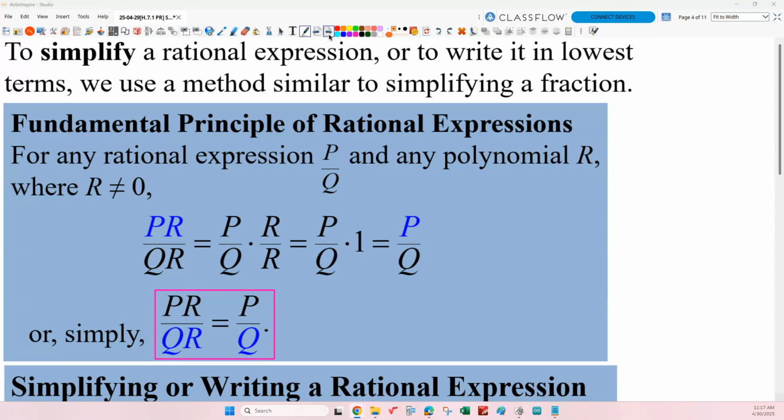So if I had 2 times 4 on the top and 2 times 3, what would cancel? The 2's. So in this case, if we had those same polynomials, p and q, and r, where r is not 0, it can be split up to p over q times r over r. And what's r over r? 1. So then we're just left with p over q.